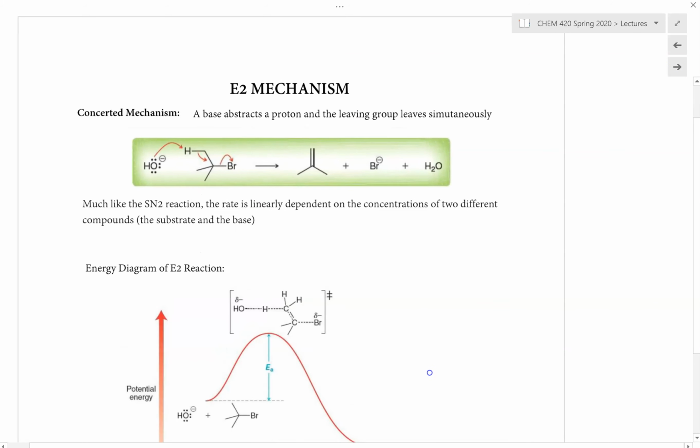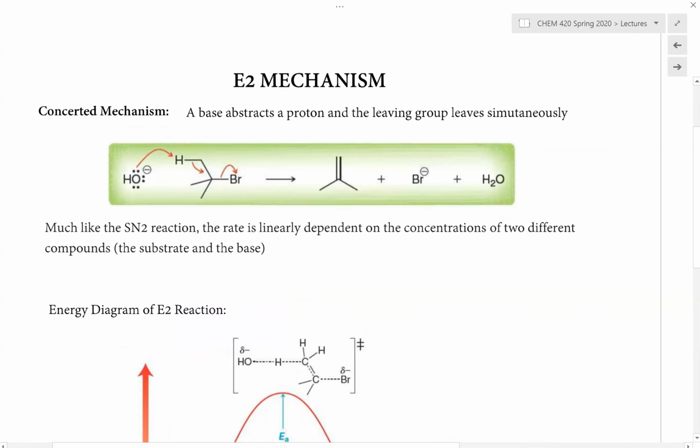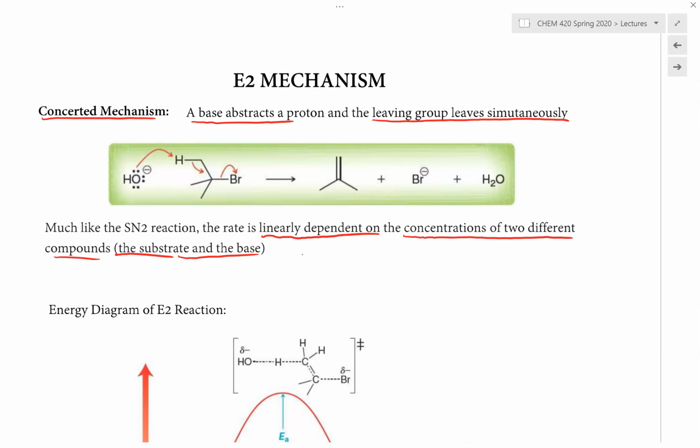Let's now discuss the E2 mechanism in great detail. Again, it is the concerted mechanism where the base attacking the proton and the loss of the leaving group happen simultaneously. And much like the SN2 reaction, the rate of this E2 reaction is linearly dependent on the concentration of two compounds, the substrate and the base. This is why we call this an E2 reaction, or bimolecular reaction.